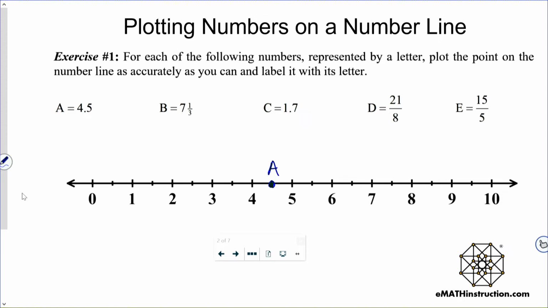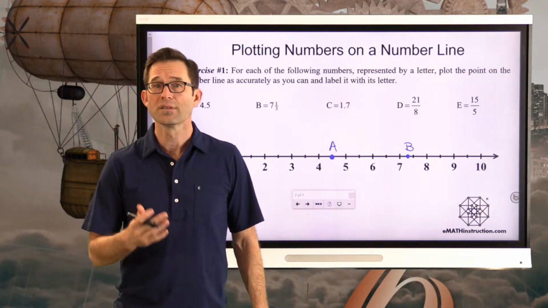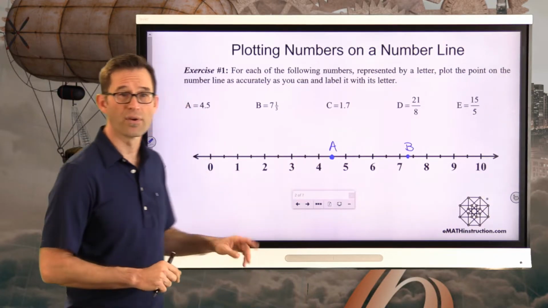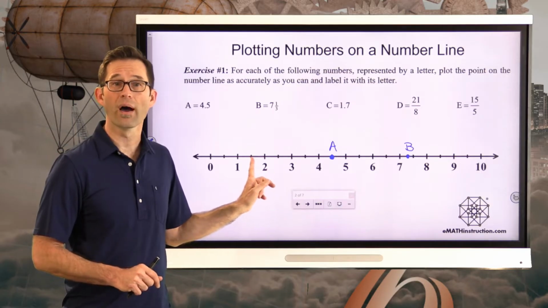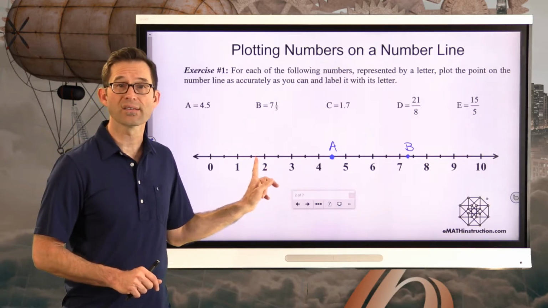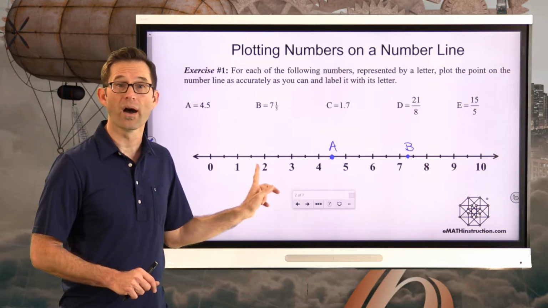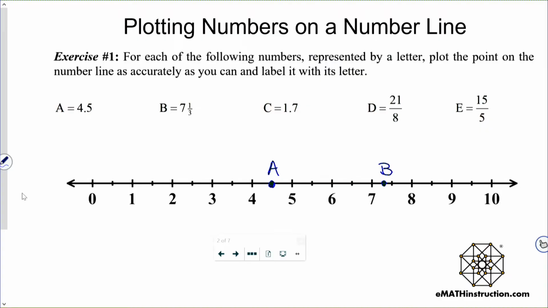But I can say it's probably somewhere right around there. The same is true for 1.7, right? 1, 2, here's 1.5, so 1.7 has to be between 1.5 and 2.0. So maybe our letter C is right about there.